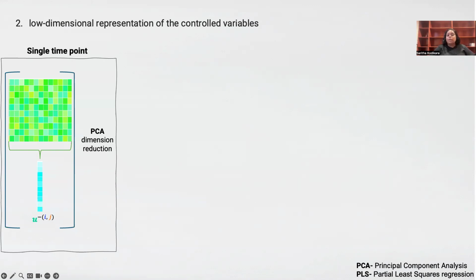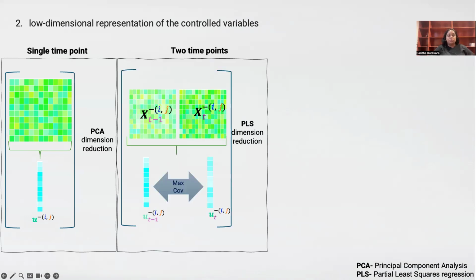The same idea can be extended when you have multiple time points. For example, if you have 2 time points, I get a low dimensional approximation of the control taxa, and then I use that approximation to find the partial correlation.